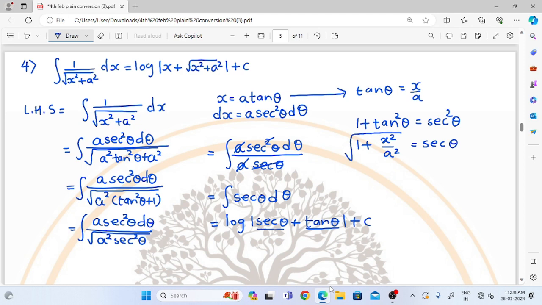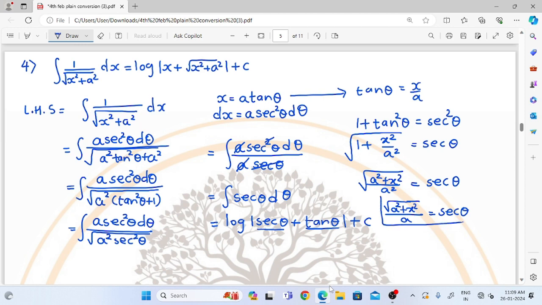Sec theta, the value of sec theta is nothing but square root of 1 plus x square by a square. And if we do the cross multiplication, we will get a square plus x square upon a square is equal to sec theta. And the denominator a square is there, so root of a square is nothing but, we can write down like this, in the numerator root of a square plus x square divided by a, because square root of a square is a.